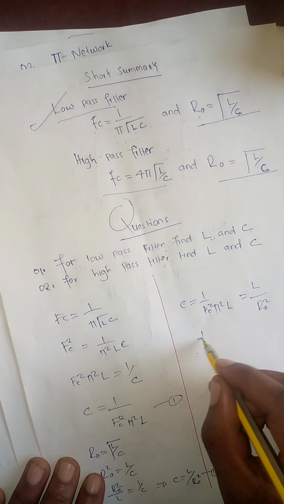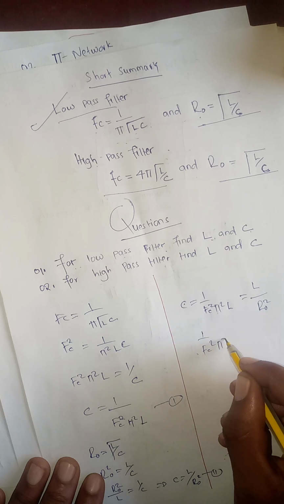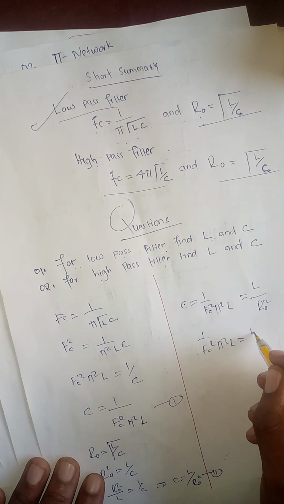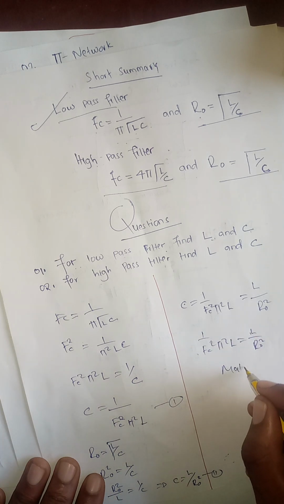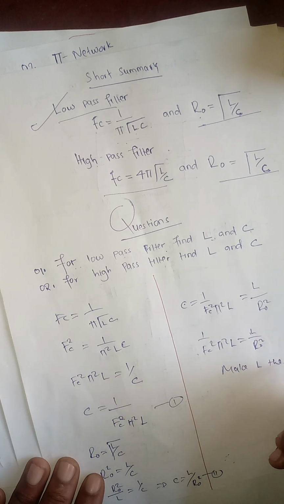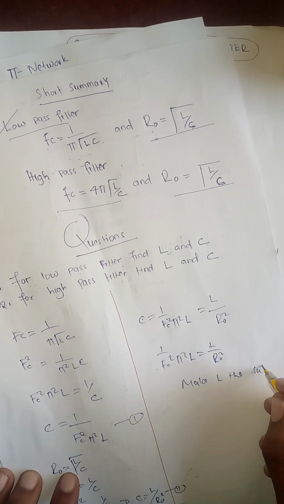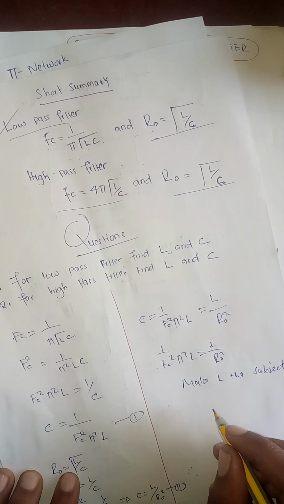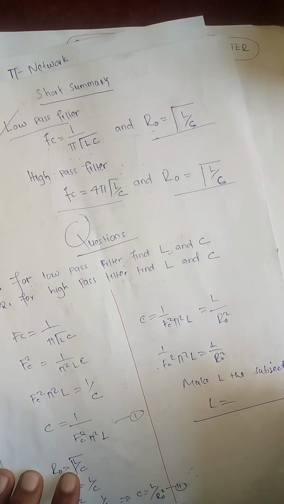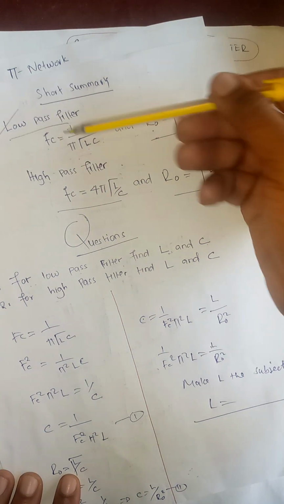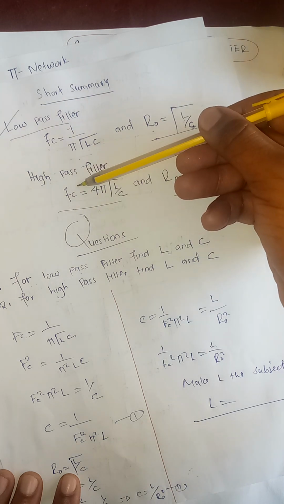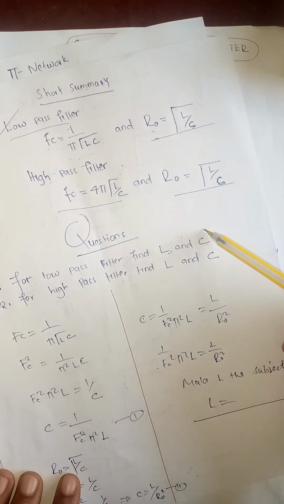Now this is 1 over FC square pi square L is equal to L over R naught square. Now make L the subject. So that is the value of L. So you can also use this for low and high to find L and C.